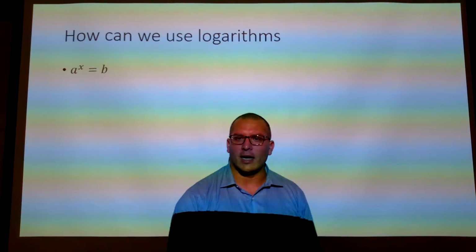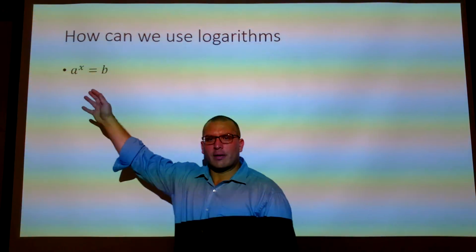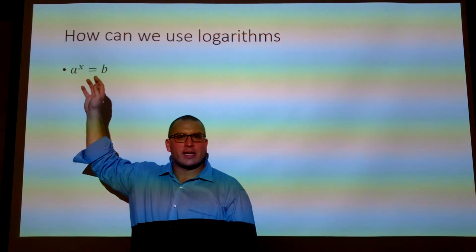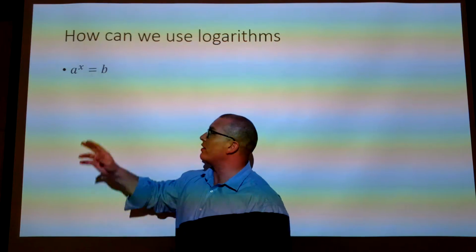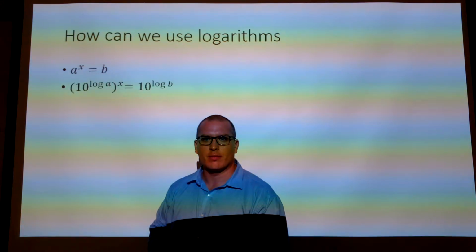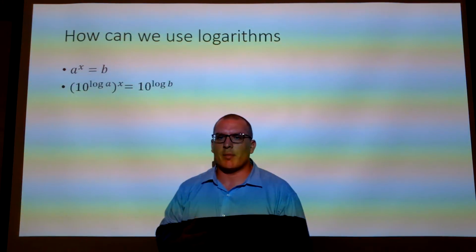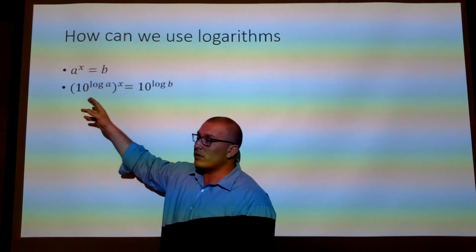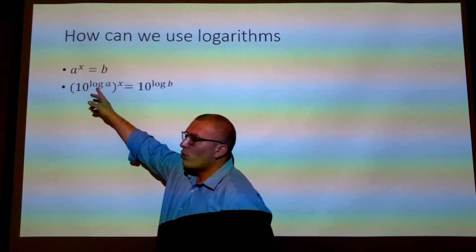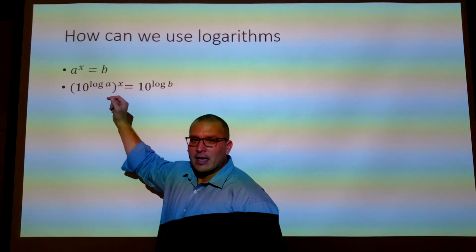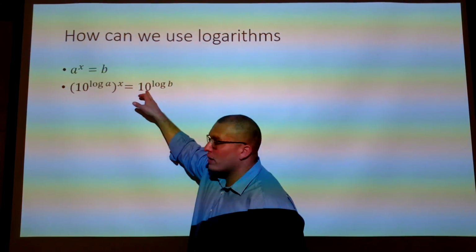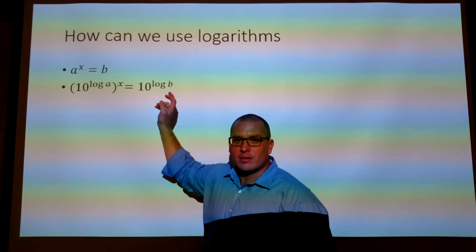Okay, here we have some base a raised to the power of x, and this is equal to another constant value called b. So here I might have 10 raised to the power of log a, all raised to the power of x, and this is equal to 10 raised to the power of log b.